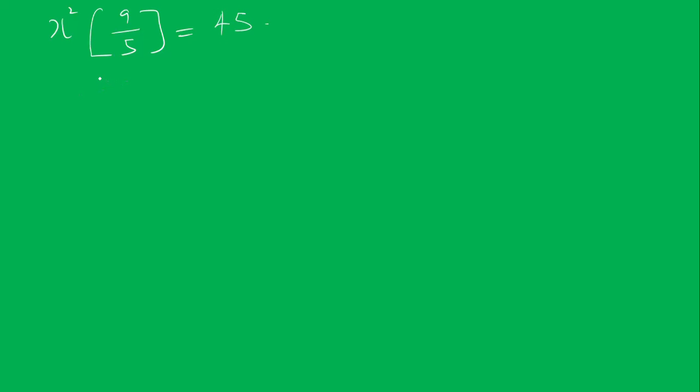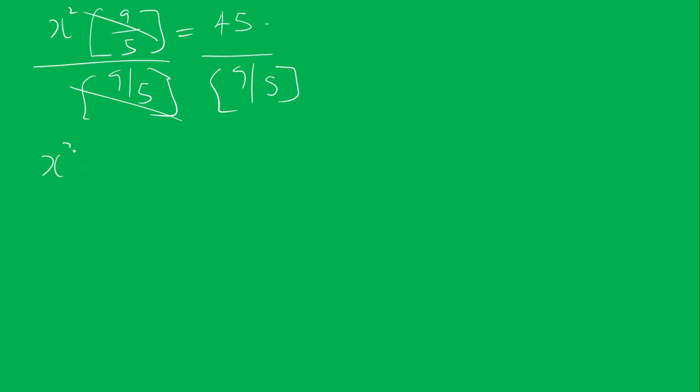Now we divide all through by 9 all over 5. So this will cancel out this. You have x squared is equal to 45 divided by 9 all over 5.